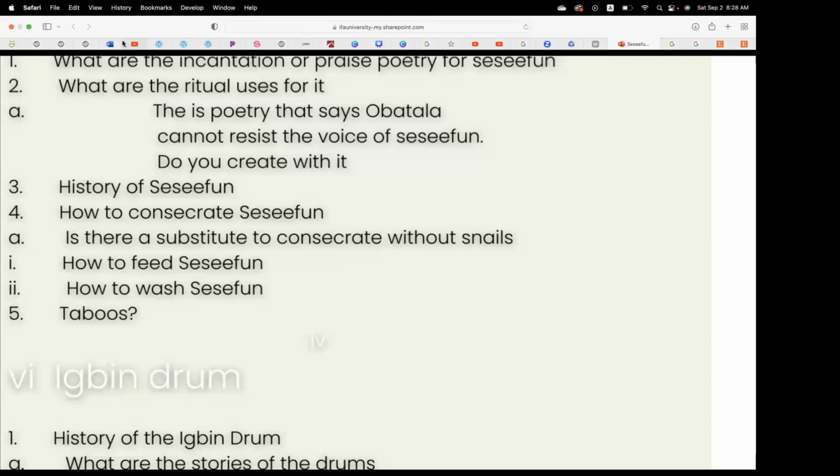So if I need any information about Ọbàtálá, I prefer to go straight to any person who is a devotee of that particular Orisha, to have a better and excellent answer.